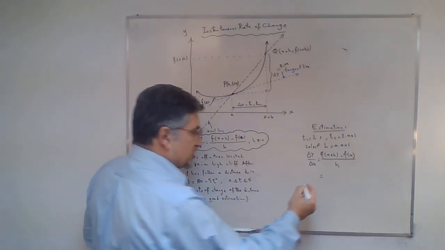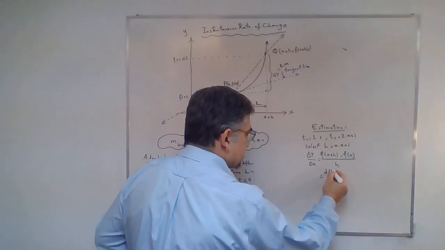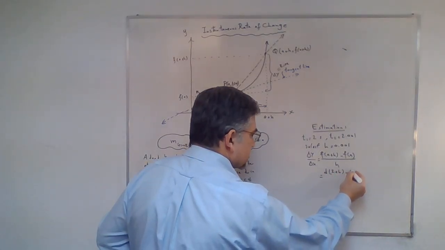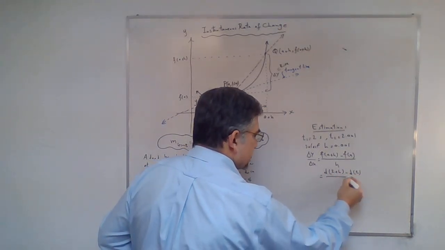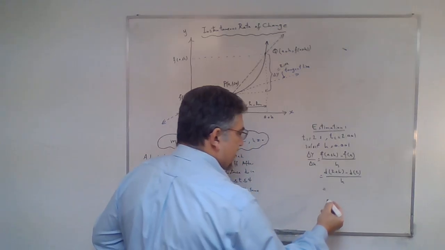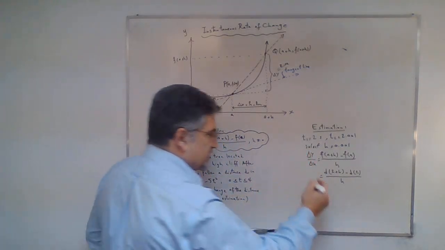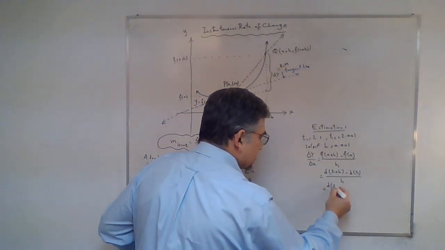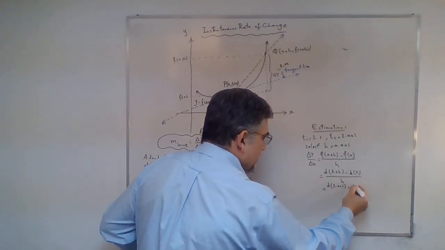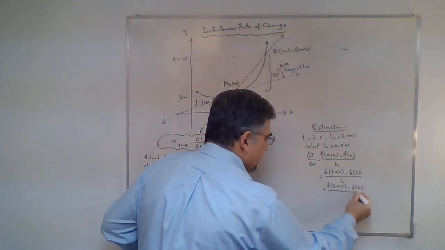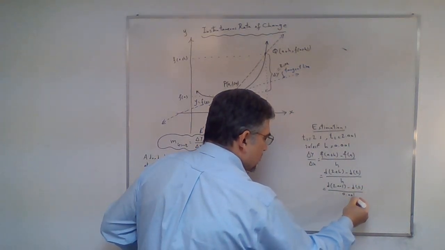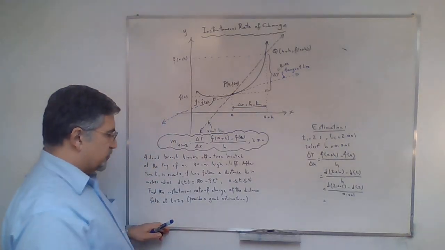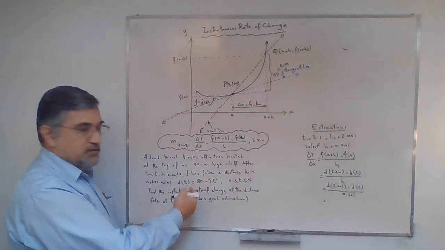With that notation, it's going to be d at 2 plus h minus d at 2, divided by h. And because I selected h to be that number, it's going to be d at 2.001 minus d at 2, divided by 0.001.